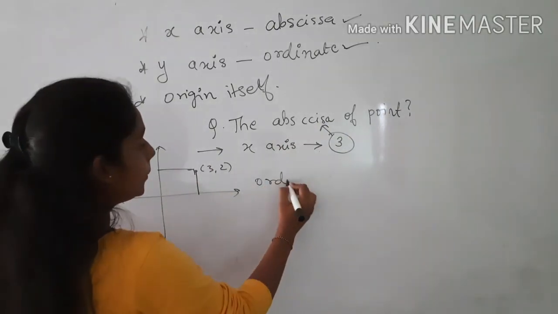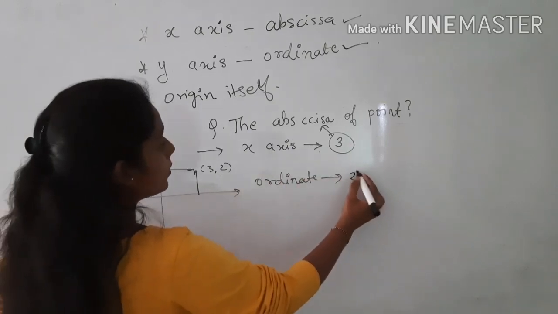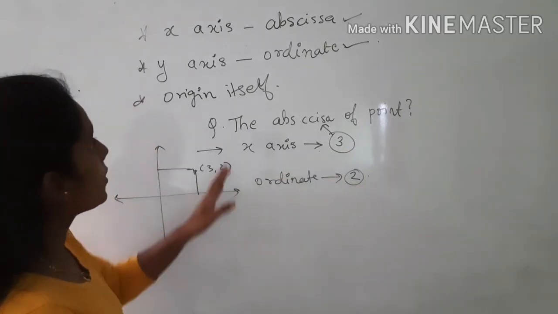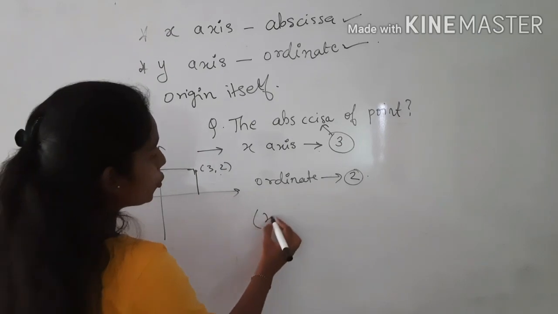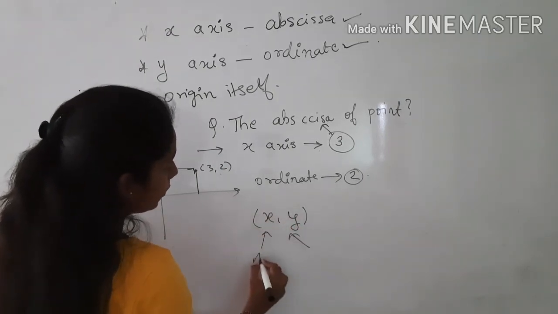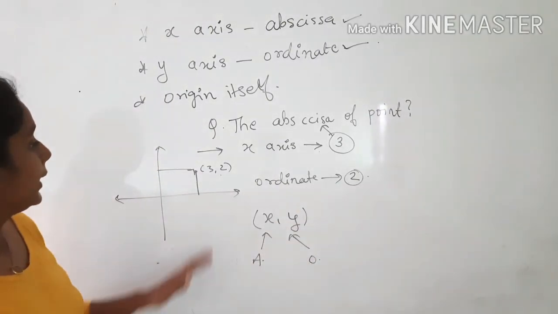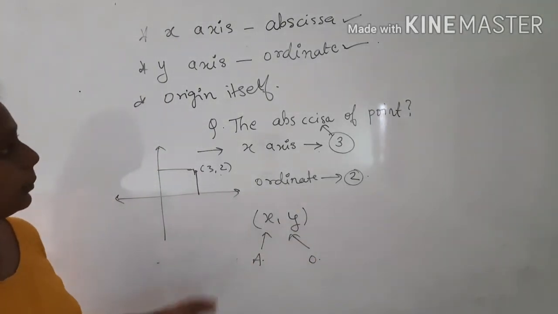Similarly, ordinate will be the y point, that is 2. So if someone asks you about abscissa and ordinate, you shouldn't get confused. This is abscissa, this is ordinate. Okay students, I'll give you some questions about it also and you will be able to solve it.